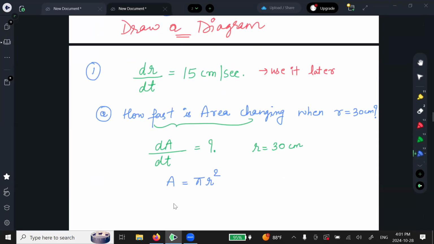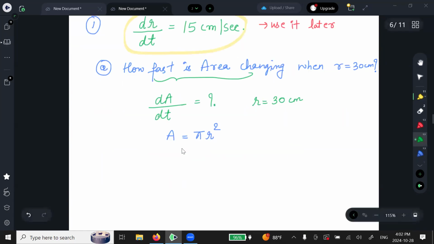Are we missing something? I'm differentiating with respect to t. You have to use this somewhere. Don't forget, we have to apply chain rule. So I have to multiply by. So what is the derivative?